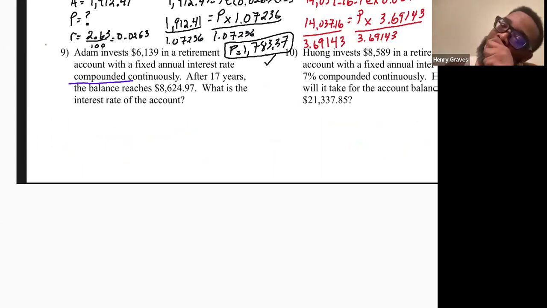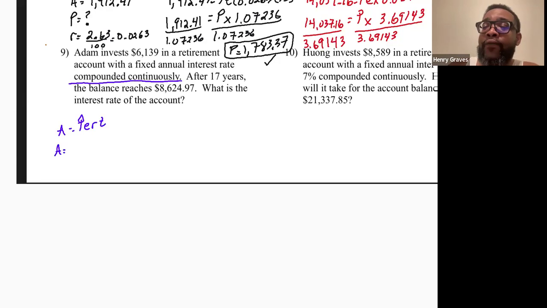So it looks like we have both an A and a P here. So remember, formula A equals P E to the R T, right? So my A is going to be the amount of money he ends up with, which is 8,624.97. He starts off investing $6,139.